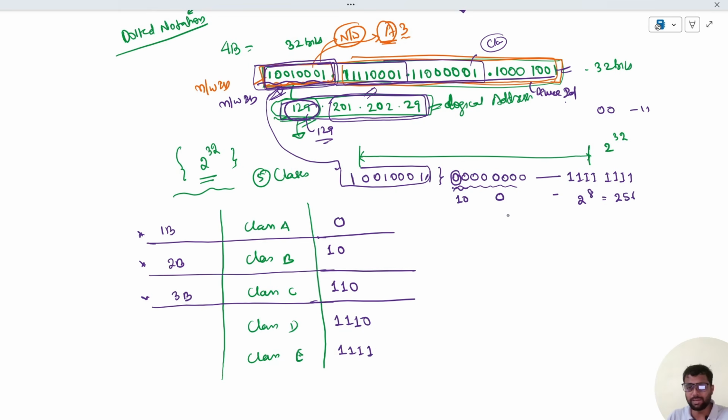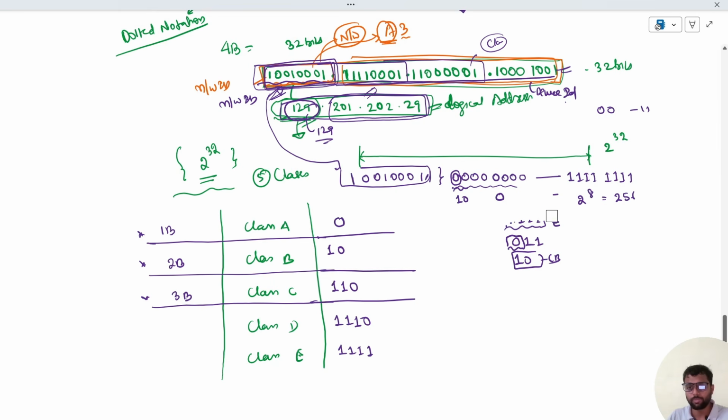So if any IP address is starting with 1111, we will immediately say that this is what? Class E address. If the MSB is 0, we will say that this is class A address. If we have 10, then we will say that it is class B address. So looking at the MSB bits, we will say whether it is a class A address, class B, class C or class D address.